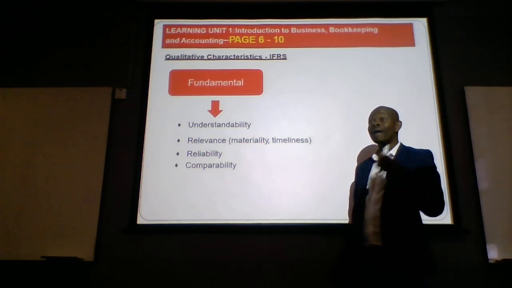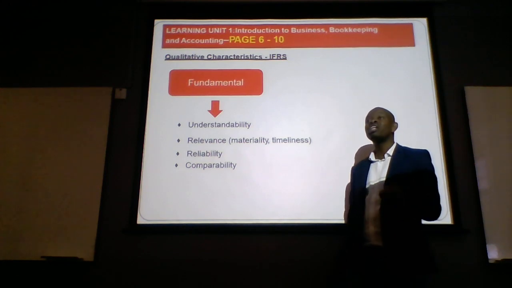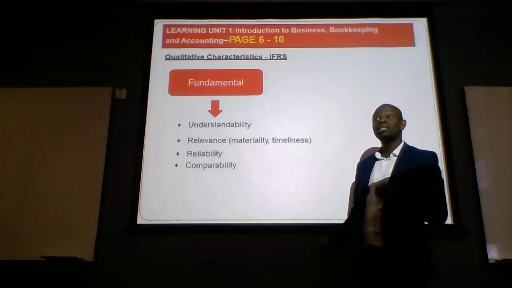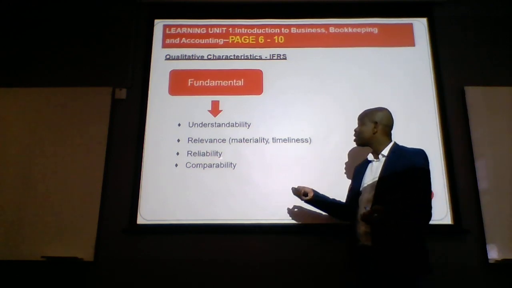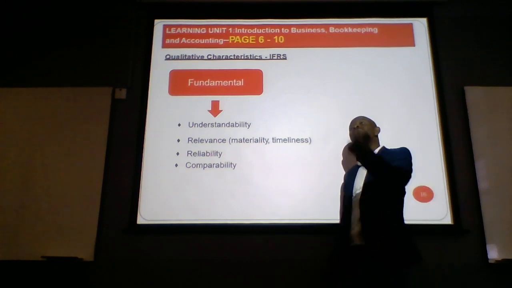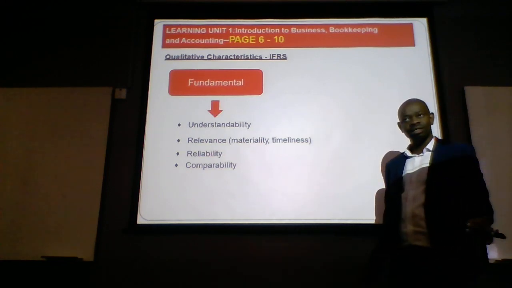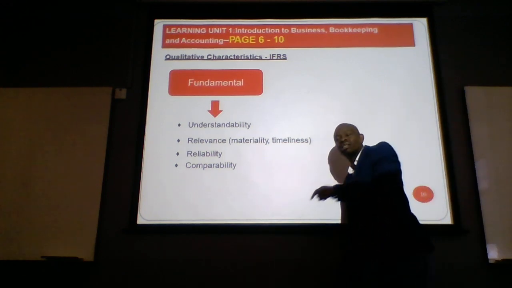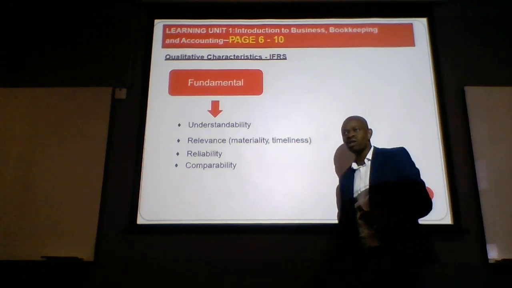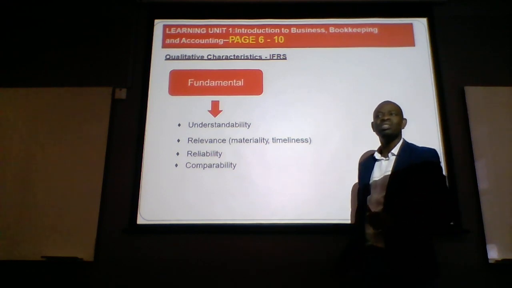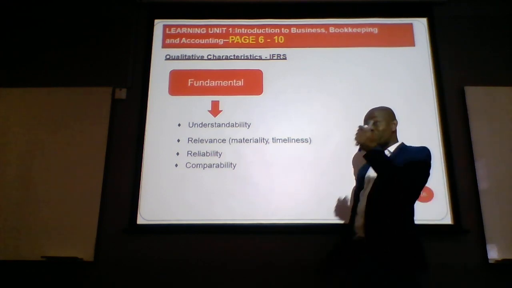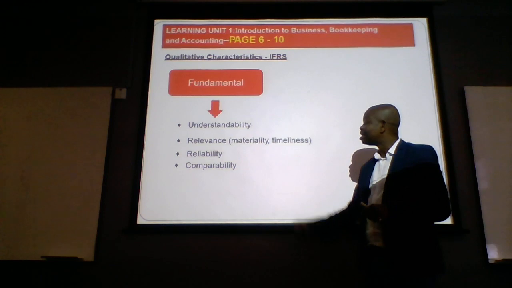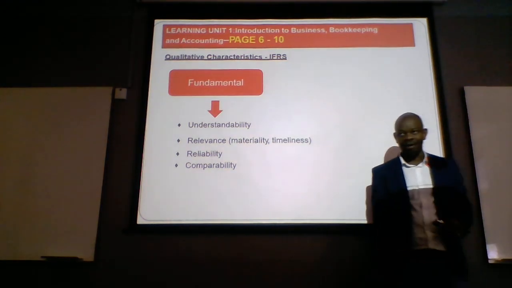Because if the information is biased, it means at the end of the day, it will affect the economic decision of what? Of the user. And the information is not what? Reliable. It must be reliable to make what? Decision. But how can you make it reliable? You need to be trustworthy. So if people don't trust your information, what do you expect? No, they won't even use it. It is useless. So you need to make sure that they believe in that information.